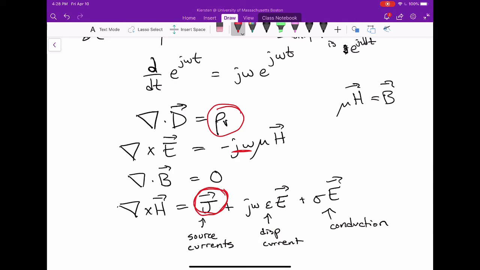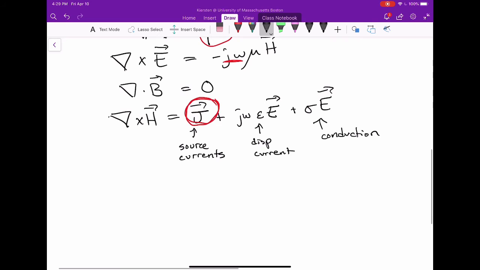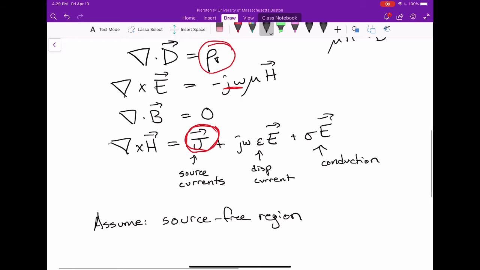We're going to think right now about how waves propagate through areas where there are not any sources. So we're going to assume a source-free region, in which case we're going to ignore that rho v term and that J term.